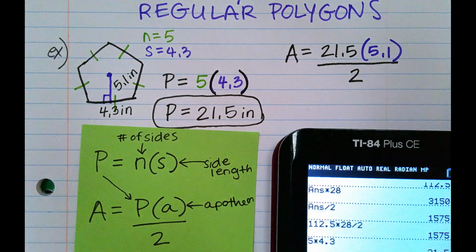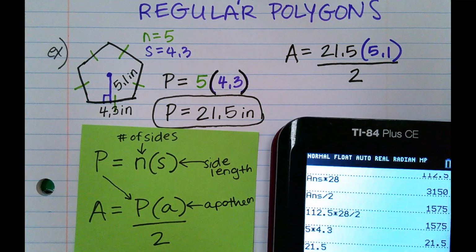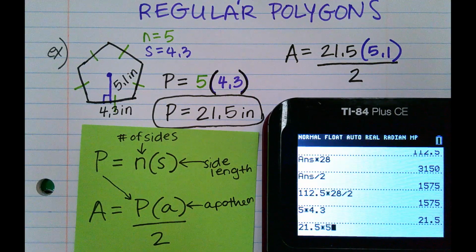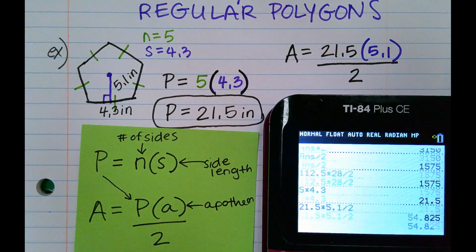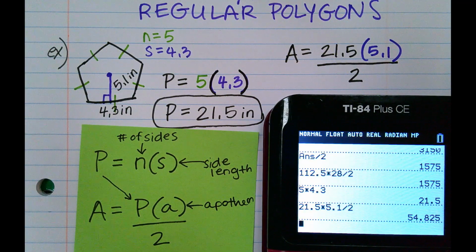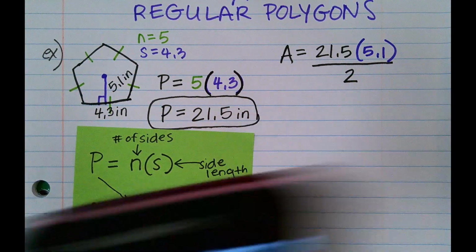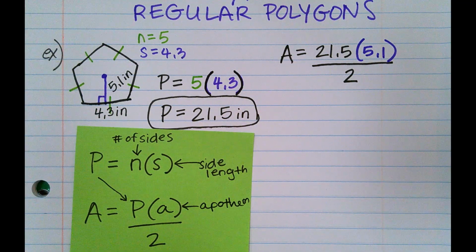I can just type 21.5 times 5.1 divided by 2. And I get, is that what you guys are getting? Yep. 54.825? Yep. Okay, nice. Never hurts to double check. You can also do it separately. It makes you feel more confident about it. I got the same thing doing it the other way too.